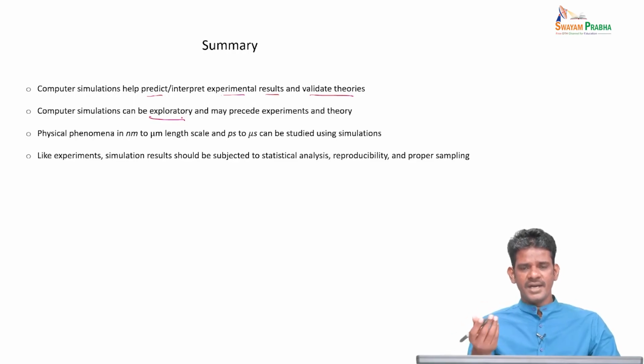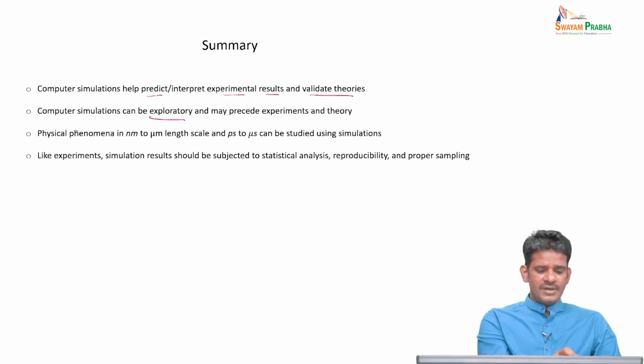You can even conceive a situation and ask what the expected results are. That's when this research becomes exploratory. And if you get some meaningful results, that can inspire an experimentalist to try out such an experiment and see whether such a new investigation can be explored or not.